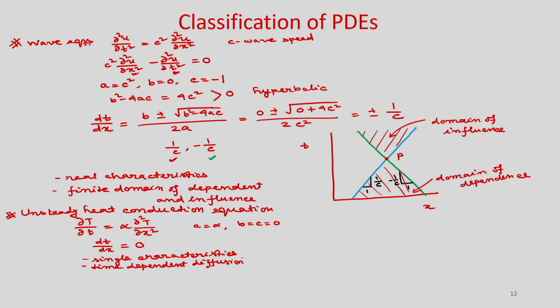If you plot it in the t-x plot, this is your x, this is your t. So dt by dx is 0, and you will get the curve like this.